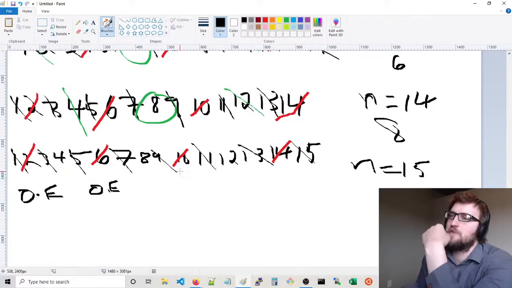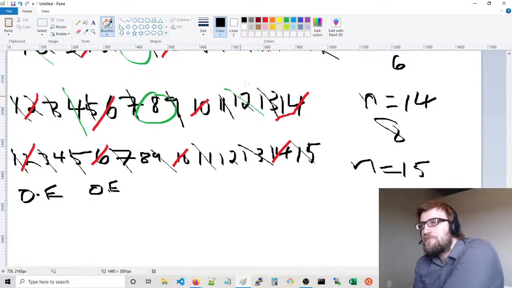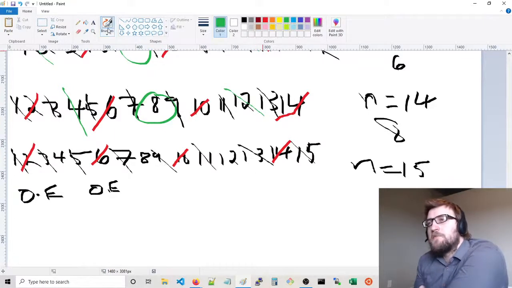Right, this is 2 times 5, 2 times 7, etc. And then there's one more stage of things where we get rid of every other one of those. So we end up with 8 again.